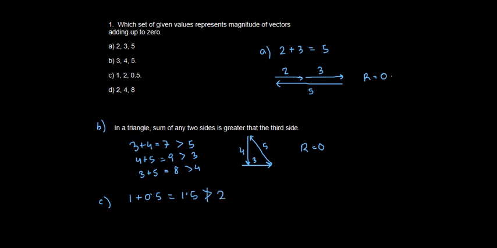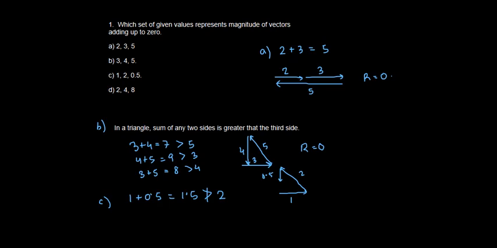So these three numbers in option C cannot form a closed triangle. What will happen if you try to form a triangle? This is, let me say, 1, this is 2, and this will simply be 0.5. It will not form a closed triangle.